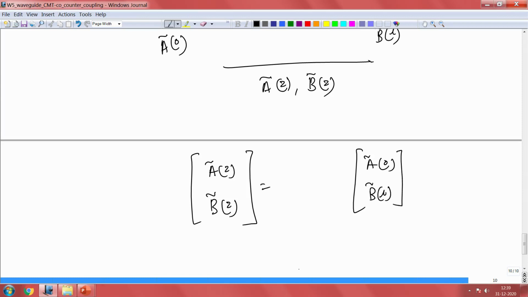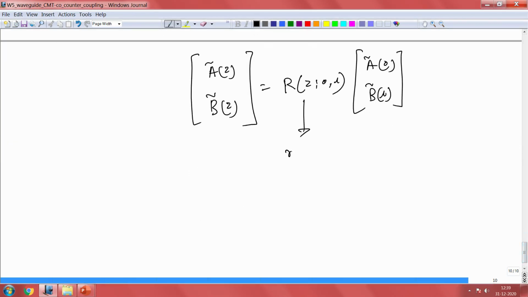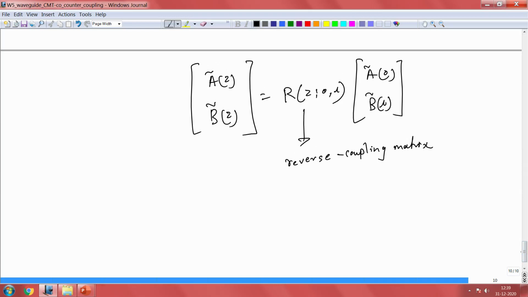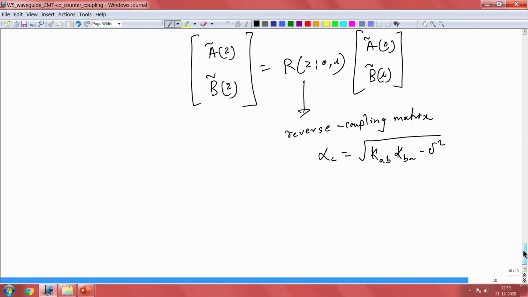Instead of forward coupling we have reverse coupling, so from 0 and L. This is called our reverse coupling matrix. Here again we had this beta C, so in this case we call it alpha C. So, alpha C is nothing but root of kappa A B kappa B A minus delta square. This is the conservation equation that we already know.